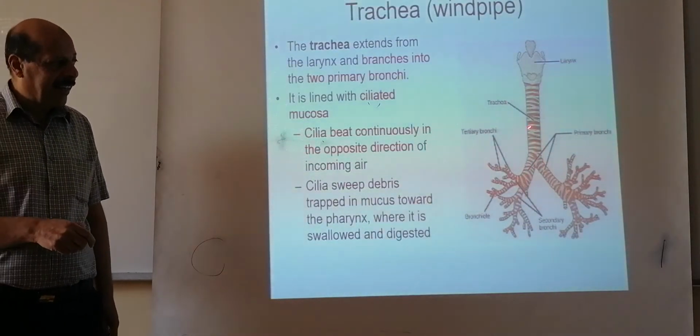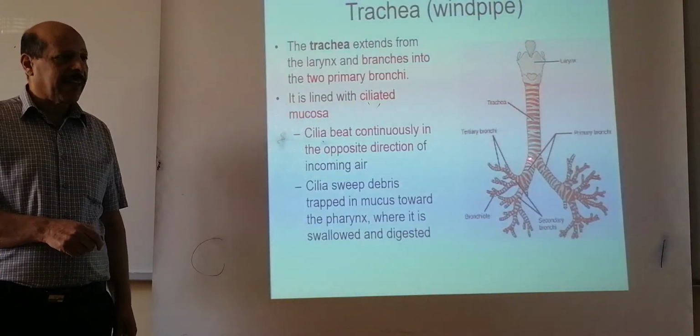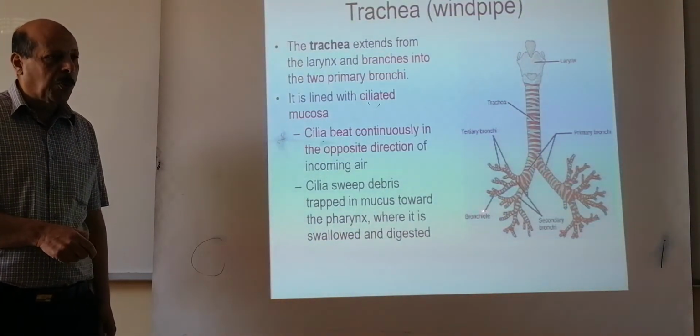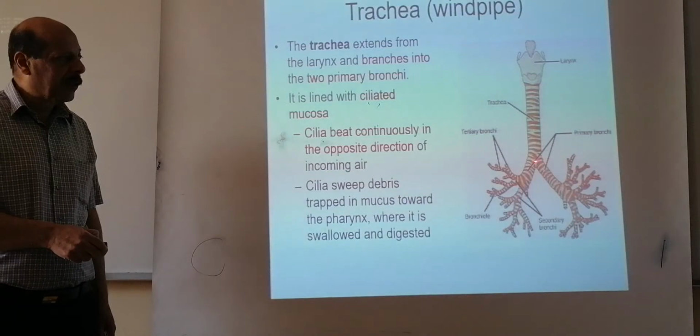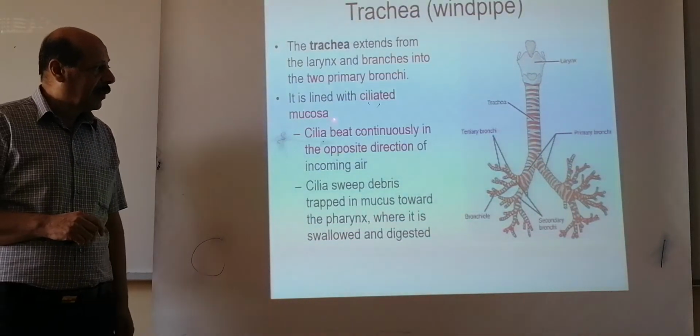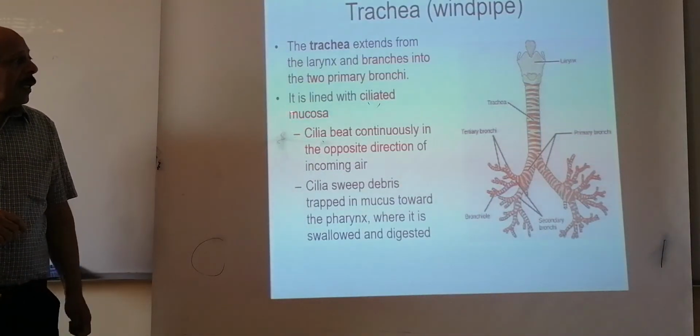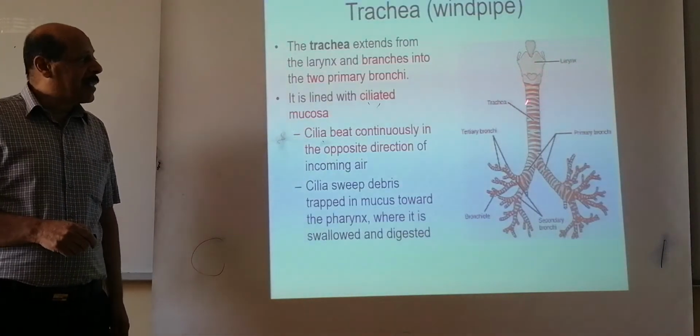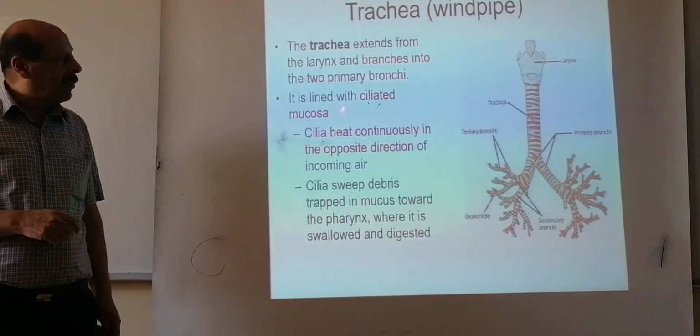Then after that it is divided into two portions, which we call the right and left bronchi. It is lined with ciliated mucosa.